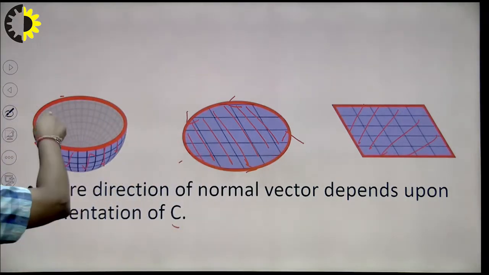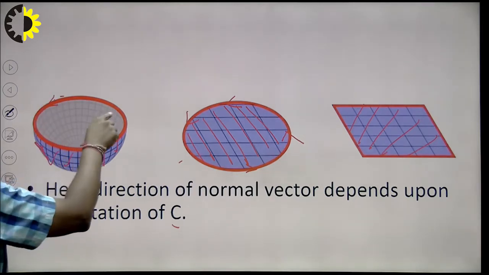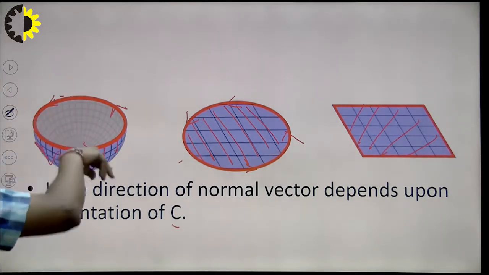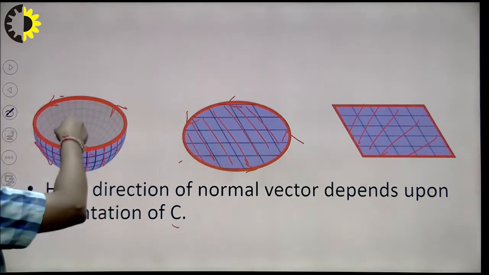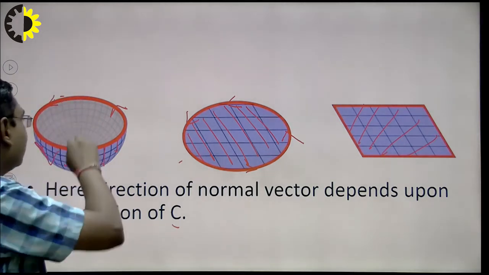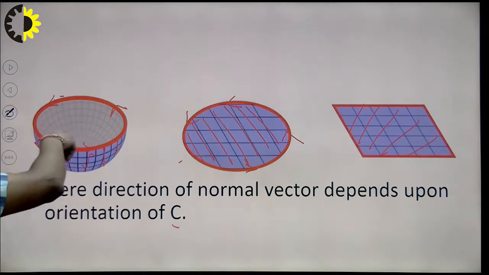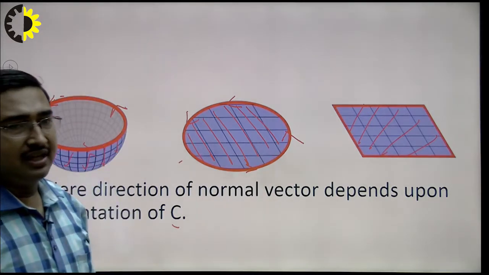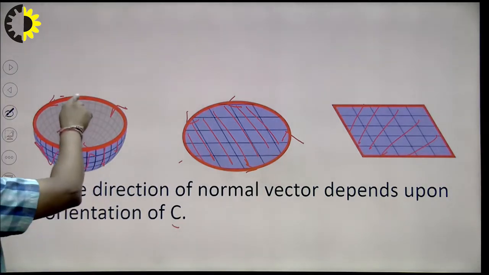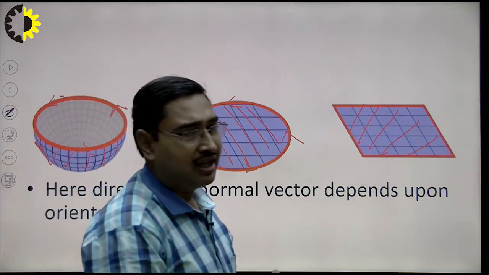Similarly, if the direction of this curve is anticlockwise, then moving along this curve the screw will point upward, and therefore the direction of n cap will be upward if we take the anticlockwise direction in this curve C. On the other hand, if I take the clockwise direction, then the direction of n cap will reverse.